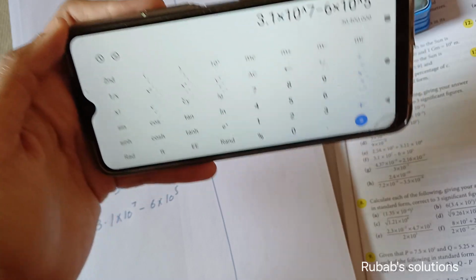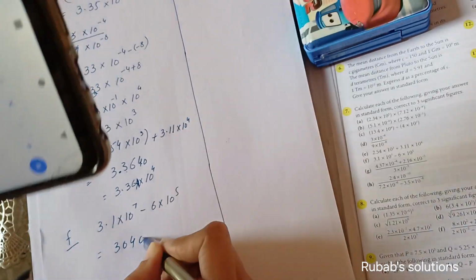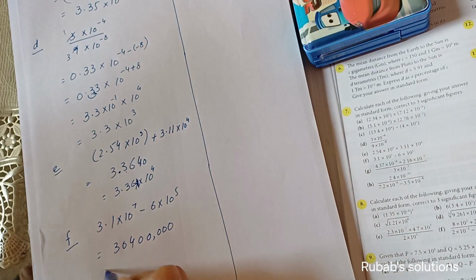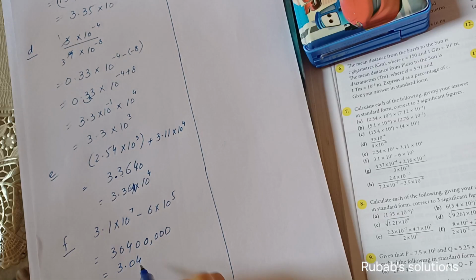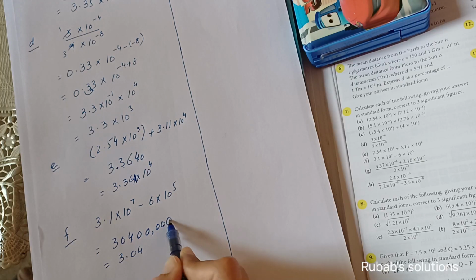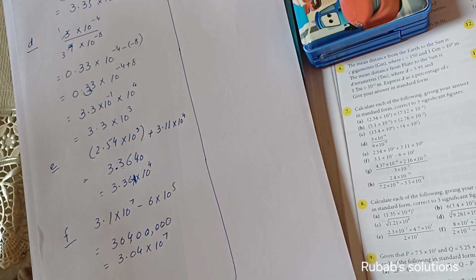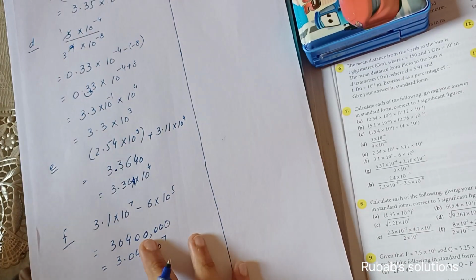So it is 30412... So after the first number, 1 point and till 3 significant figures, so 3.04, into 10 power 7. This is your answer.